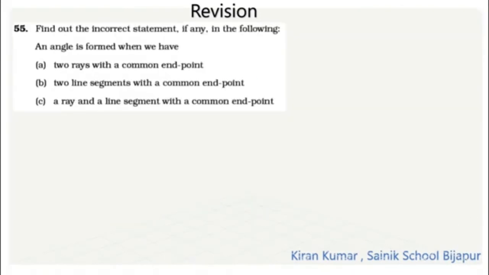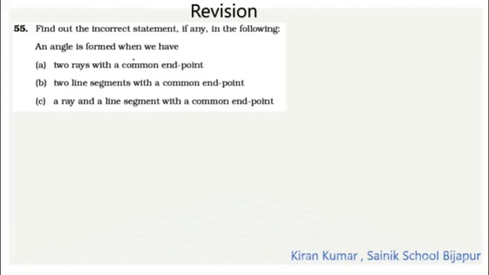Question number 55. Find out the incorrect statement, if any, in the following. An angle is formed when we have two rays with a common endpoint. An angle is formed when we have two line segments with a common endpoint.